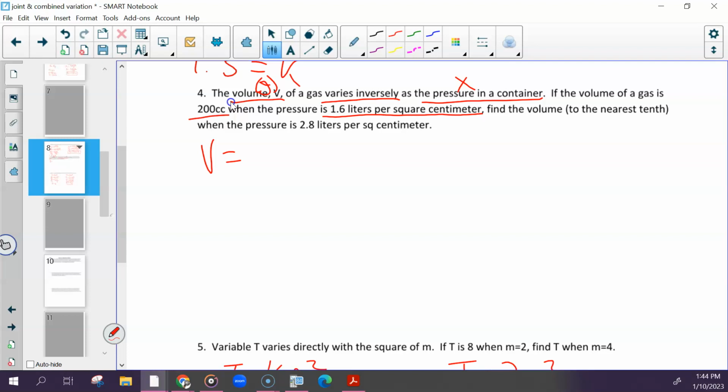We have to divide by X. K over X. Okay. So that's our equation. Then we can use our numbers to find K. Since it's inverse, we're multiplying. Multiply that, tell me what you get.